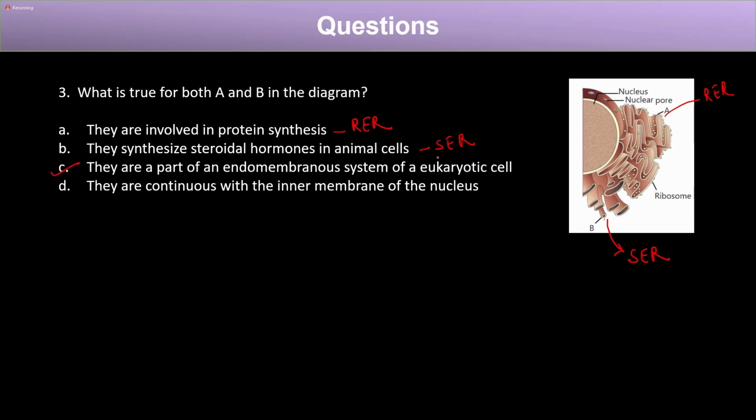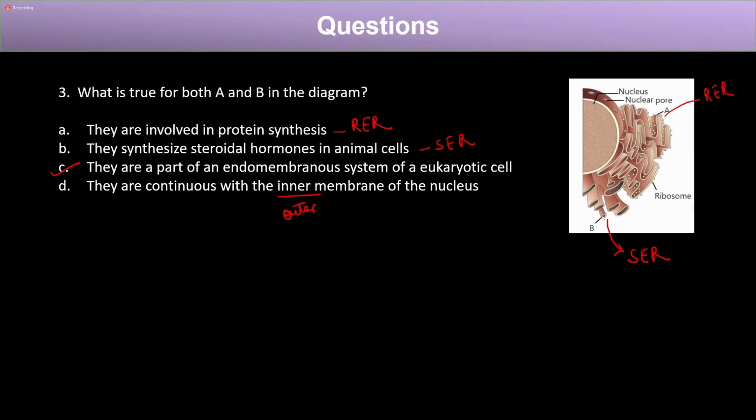And this is the correct answer because both RER and SER are a type of endoplasmic reticulum, which is a part of the endomembranous system. The fourth option is they are continuous with the inner membrane of the nucleus. No, the ER is continuous with the outer membrane of the nucleus. So the correct answer will be C.